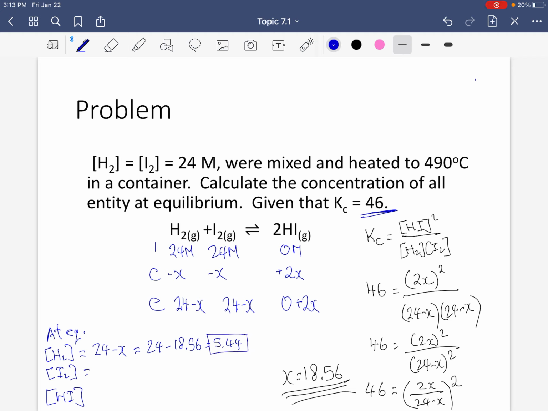I2 is the same thing, 24 minus 18.56, which is also 5.44. HI is going to be 2 times 18.56, which is 37.12.